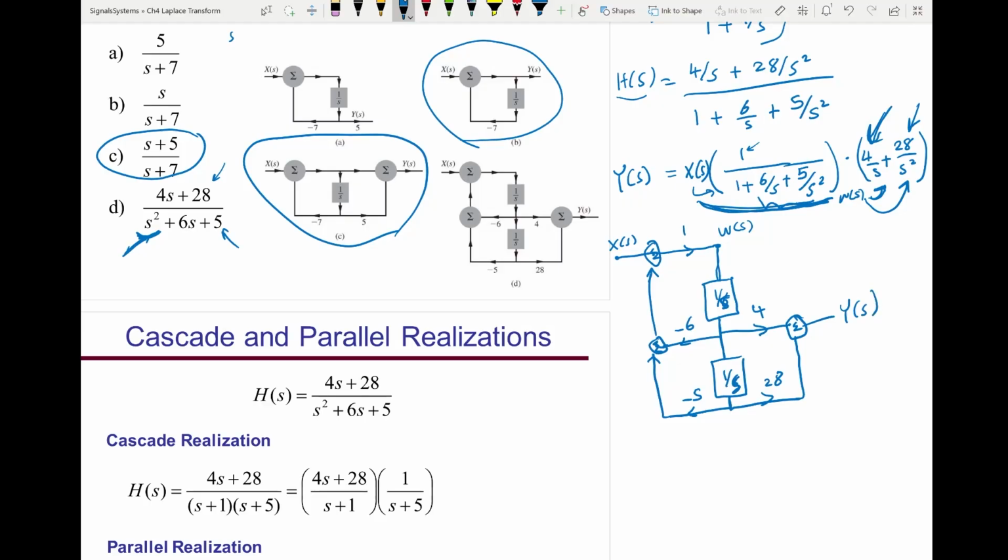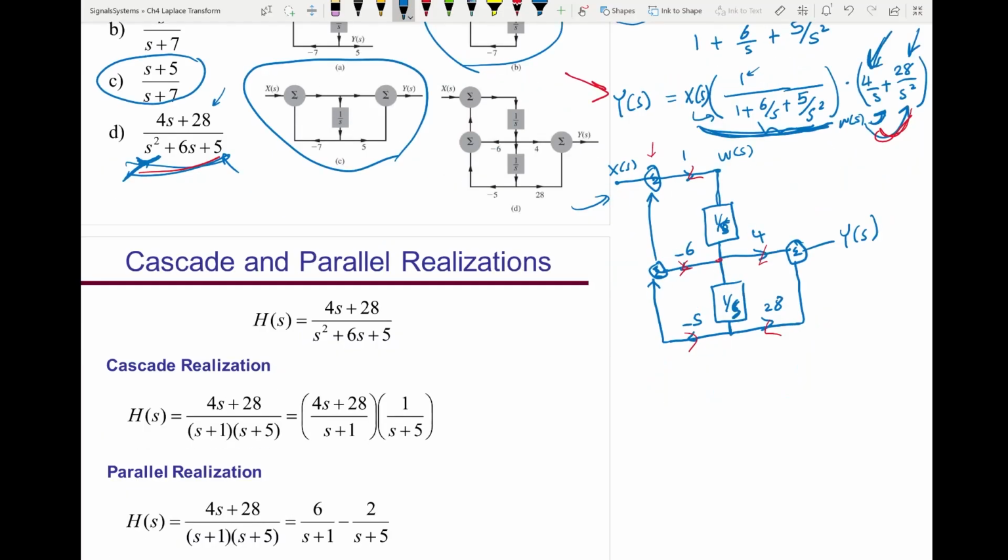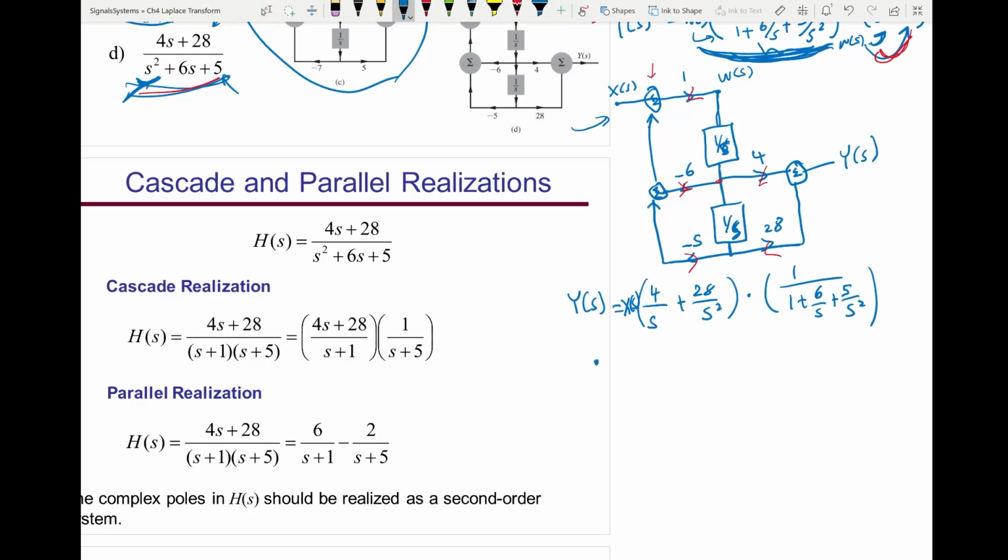Now, if I want to draw the transpose of this one directly from this equation, well, I can rewrite it such that this will be first and this will be second. So it will be Y of s equal, and then the node X of s will be here.